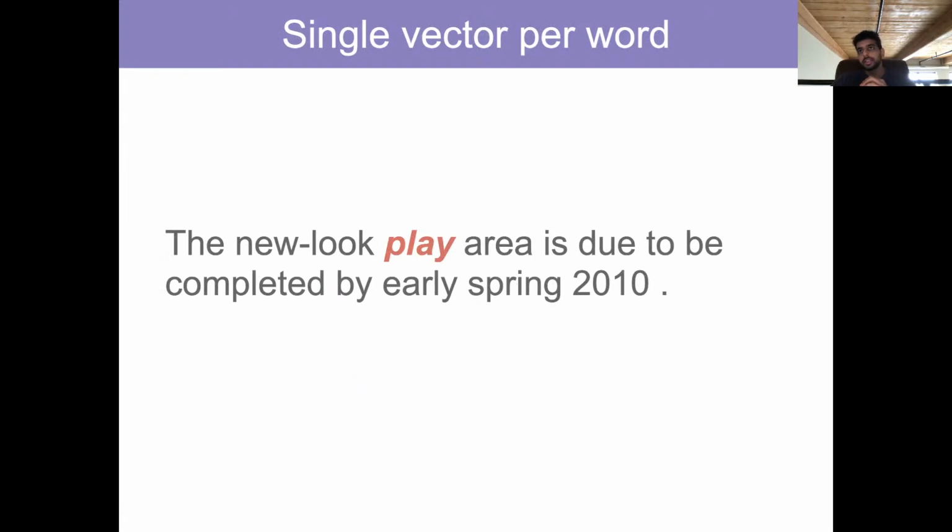So this approach has some intuitive issues, right? If I have a single vector per word, then I run into this issue when I try to apply this to a downstream task where some words have many senses and many ways in which they're used. So if you take the word play, for example, I can use the word play as here, like a play area for kids.